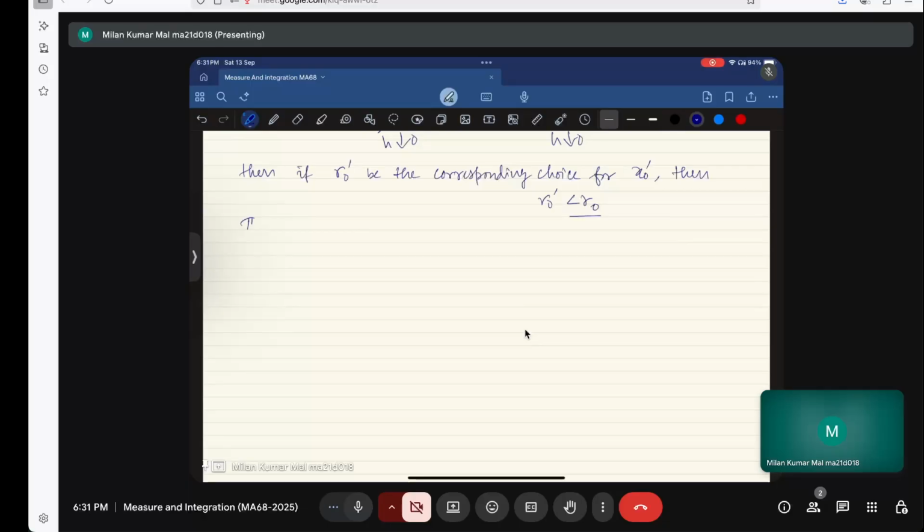That is, for every distinct discontinuity in the interval a b, there is a distinct rational number.